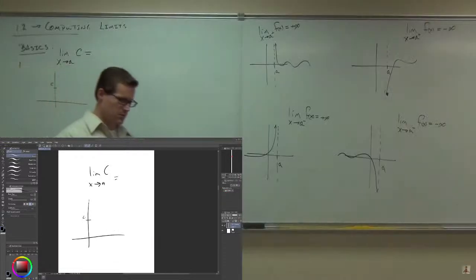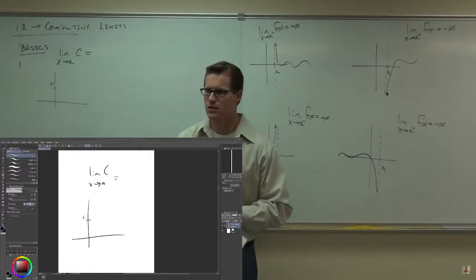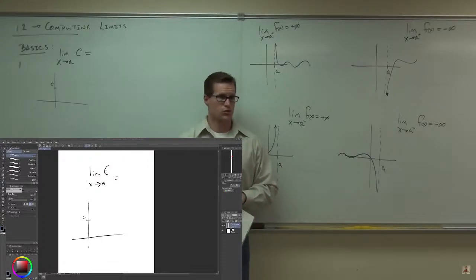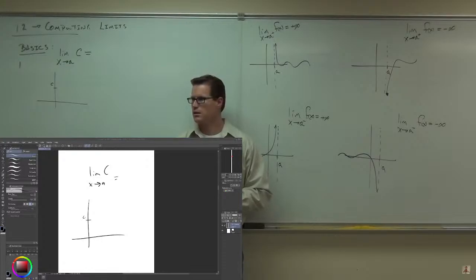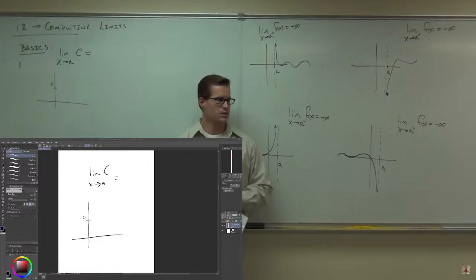What's the picture? What's the graph of a constant? It's not this way, right? It's this way. That's a constant.